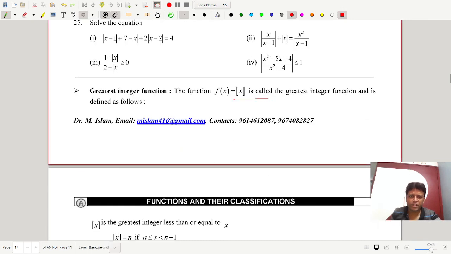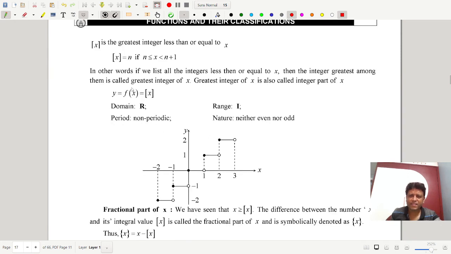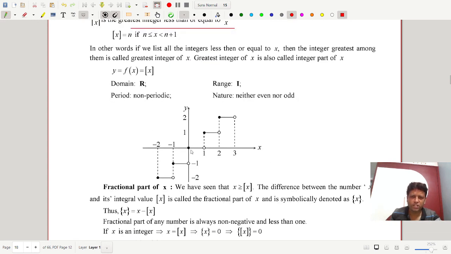What about the greatest integer function? Greatest integer function, box x, is the greatest integer less than or equal to x. So this is the diagram for box x. Suppose x is in 0 to 1, what is box x? 0.